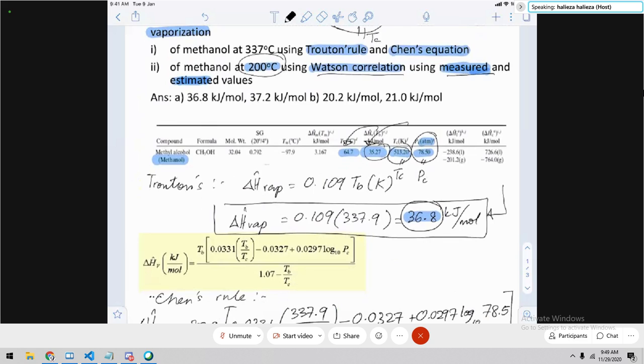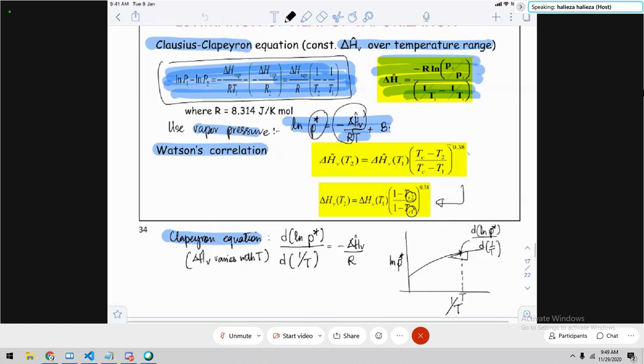Okay, guys, any questions? Again, let's look at the equation. We did not use the Clausius-Clapeyron equation at all because you need to plot. Anyway, let me remind you guys that the R constant that you need in this equation is 8.314 joules per kilomole per mole.